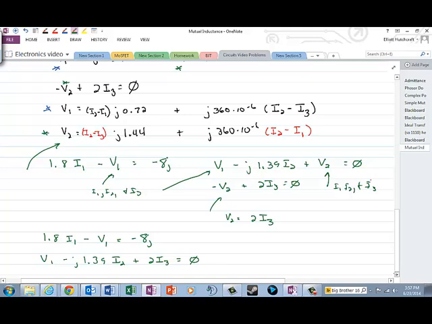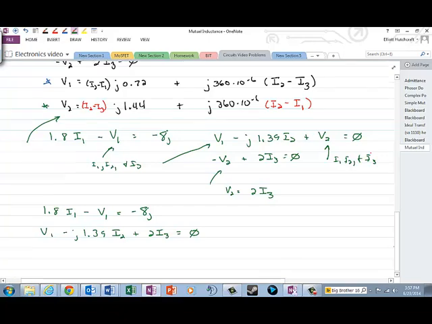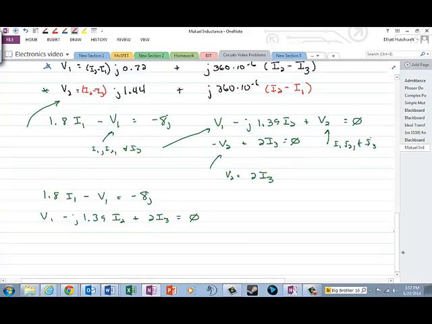And now I also have V2 is 2 I3, and so V2 being 2 I3 basically says 2 I3 is equal to I2 minus I3 times J 1.44 plus J 360 times 10 to the minus 6 times I2 minus I1.